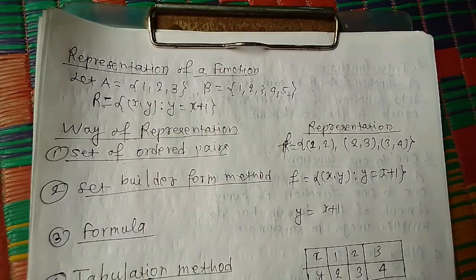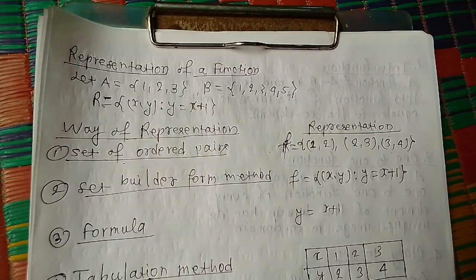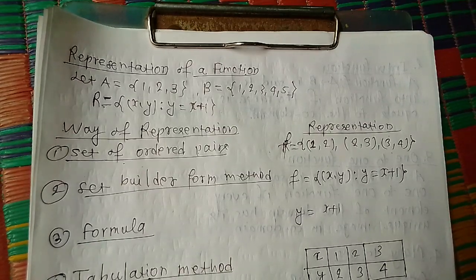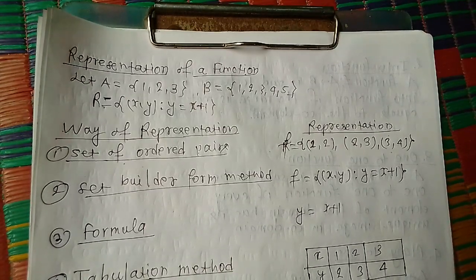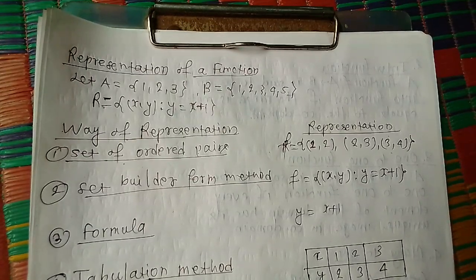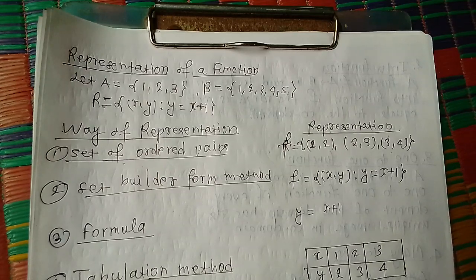Again, the graphical method: 1 is related to 2, 2 is related to 3, and 3 is related to 4. So it represents a linear function also. So we can say that the given function is a linear function.